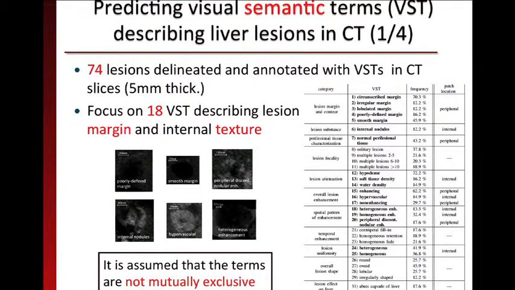And in this work, we focus on a subset of 18 terms describing the lesion margin and internal textures. We also assume that those terms are not mutually exclusive, which means that random prediction is always around 50%. So it's not a multi-class classification problem, but more like a 2-class problem.